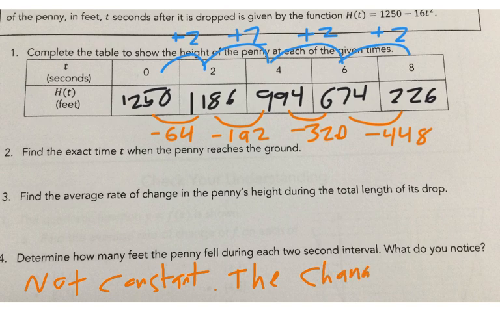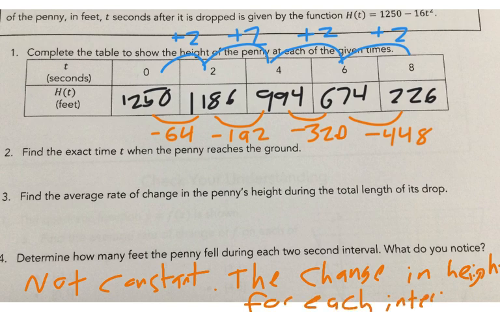The change in height is increasing. So let's just think about what that really means is happening. If my change in height for each interval is increasing, that's it. That's what I wanted you to think. The penny's speeding up.